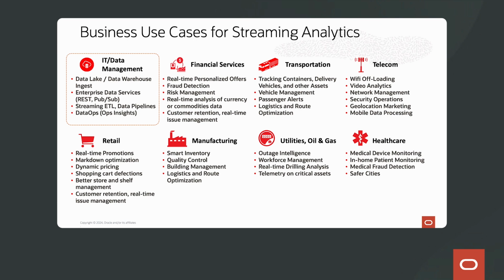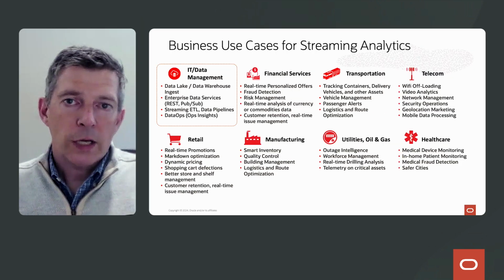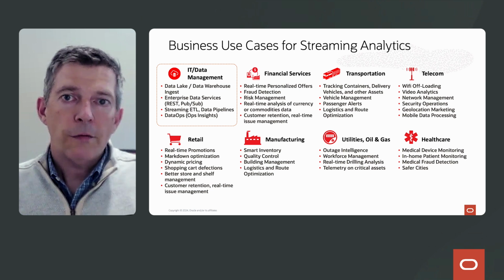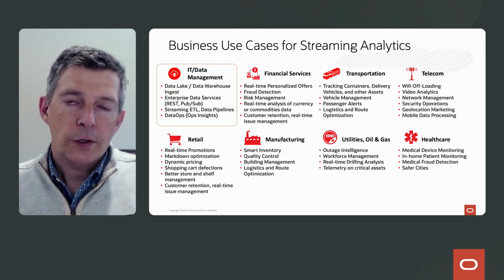So in a lot of cases, we, for example, have customers that use it in airports, where your equipment on the ground is controlled through your streaming analytics, so you can control and manage them. We have use cases where railroad companies are tracking their rolling inventory. So a lot of use cases you can use in transportation.